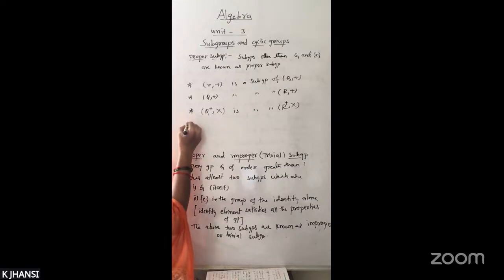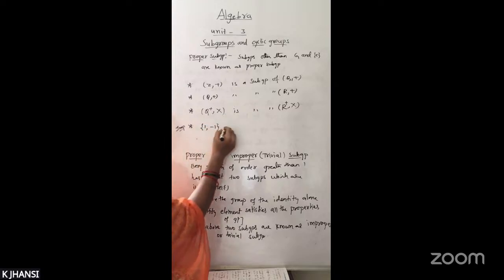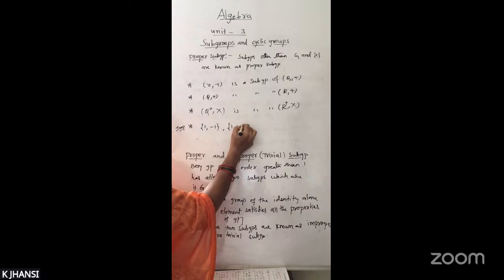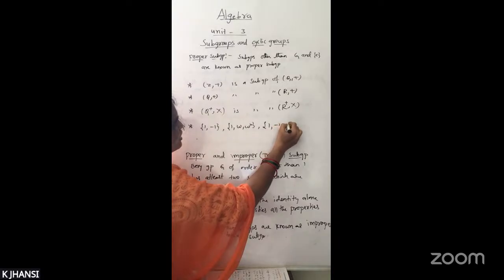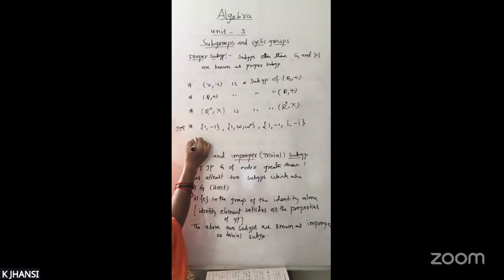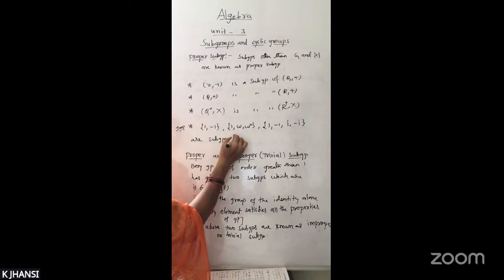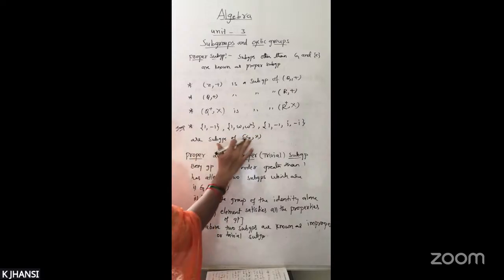And the second one is the important one: the sets 1 comma minus 1, and 1 comma omega comma omega square, and 1 comma minus 1 comma iota comma minus iota are subgroups of C naught comma into. C naught means the non-zero complex numbers. Okay. C naught comma X, the group of non-zero complex numbers.